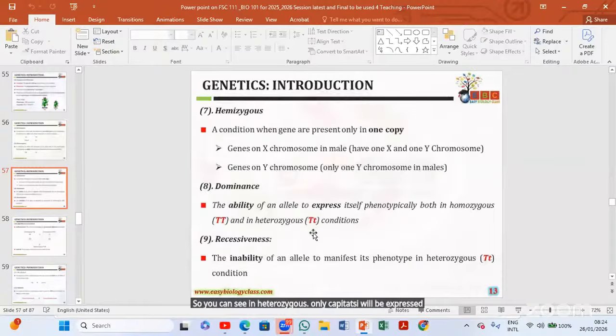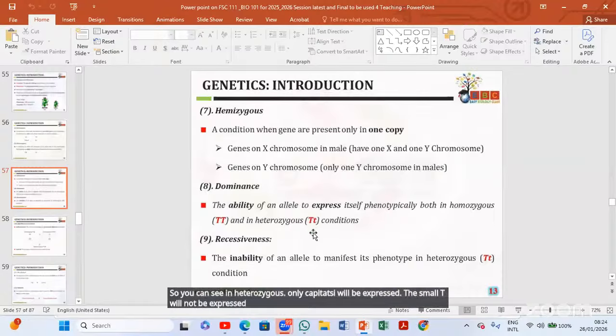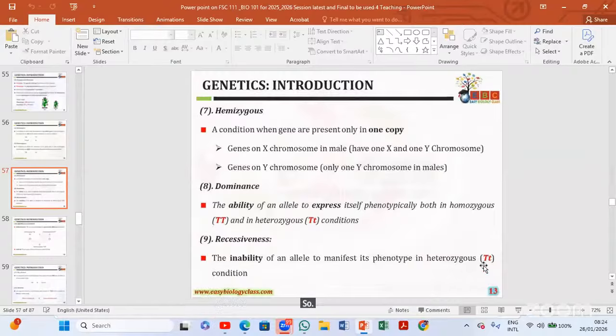The small t will not be expressed because it is recessive. So small t will only be expressed when the other allele is equally small t. So when a recessive allele is present with a dominant allele, it will not be expressed. That makes it recessive.